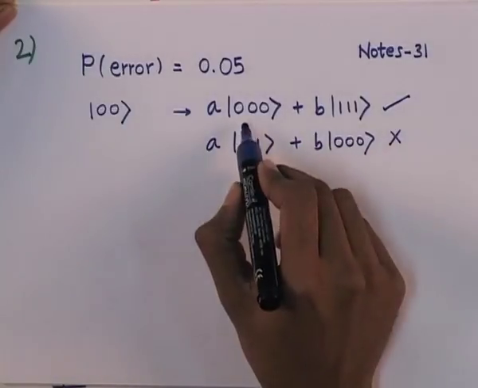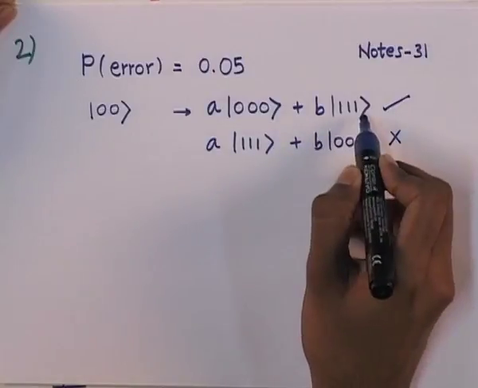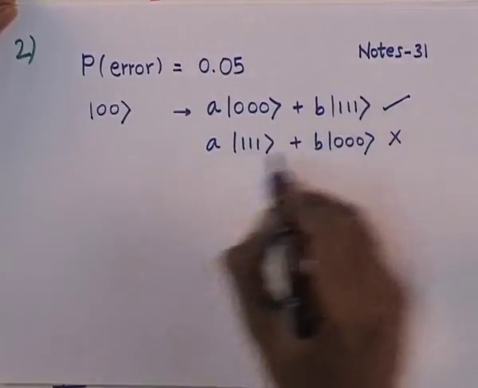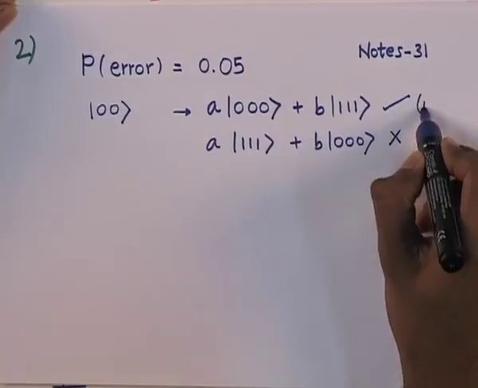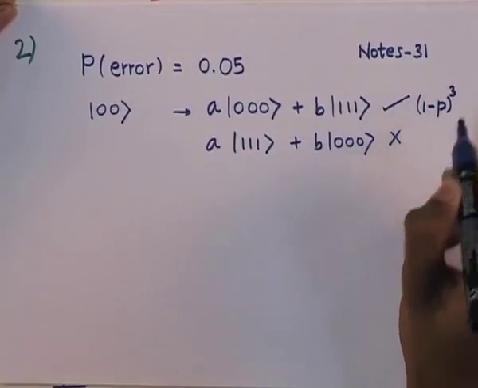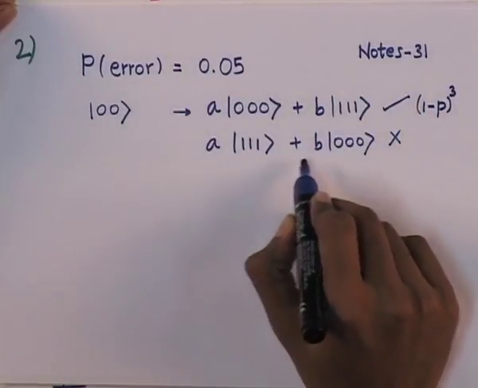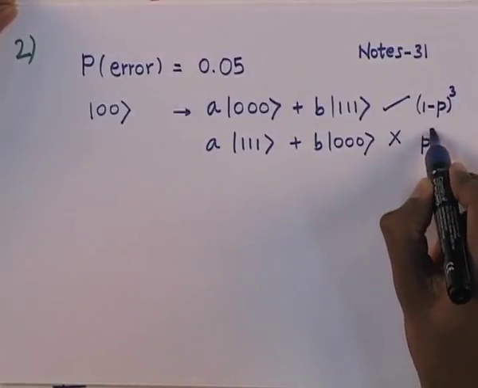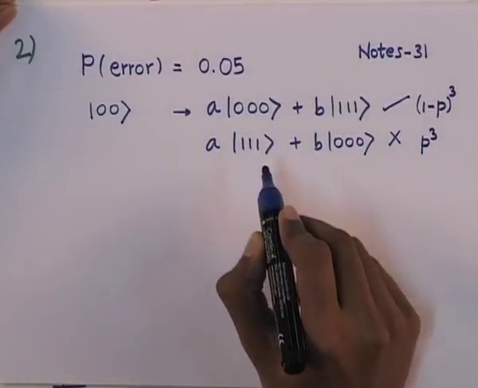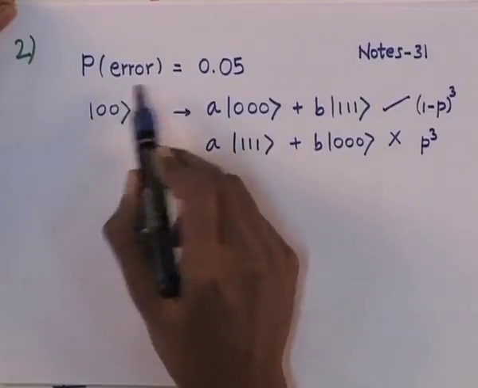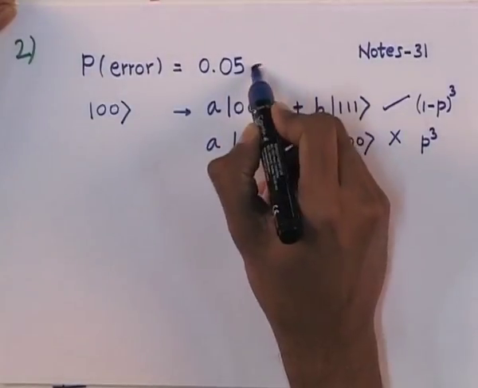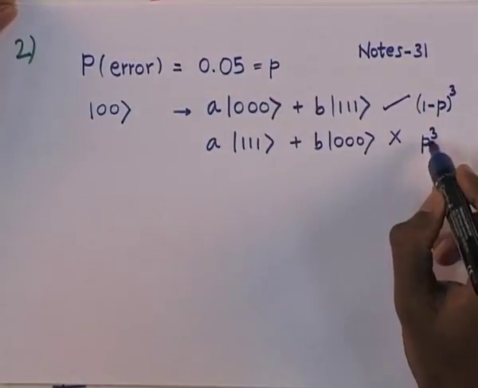So the probability of this state occurring is (1 minus p) cubed, and the probability of this state occurring is p cubed, as every bit has an error and there are 3 bits, where the probability of error is 0.05, which is p.